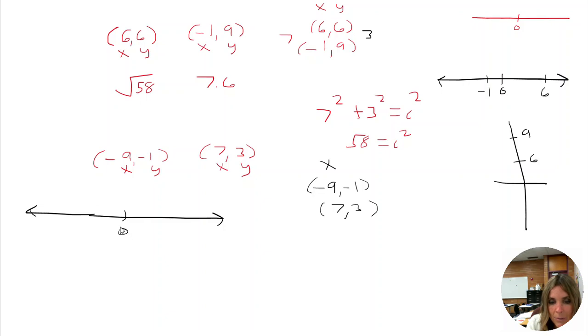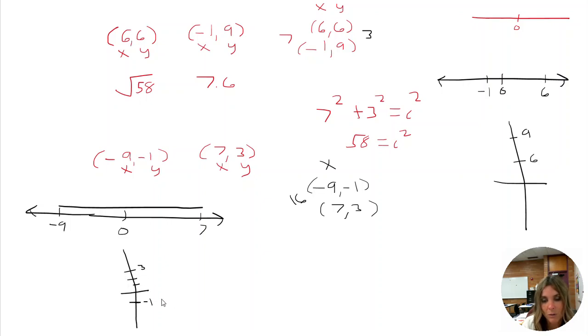If this is 0, and I am going from -9 all the way to +7, if I want to know that leg length of my right triangle, that distance is actually 16. So that distance is going to be 16. My other distance, my vertical change, is from -1 to +3. So from -1 to +3, that's going to be a change of 4.